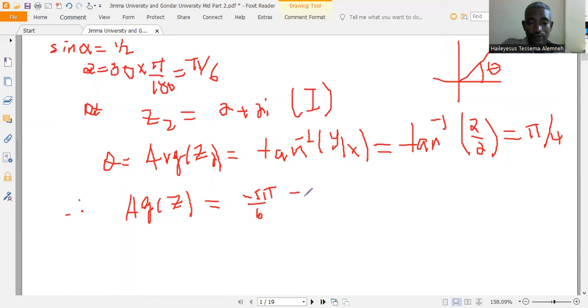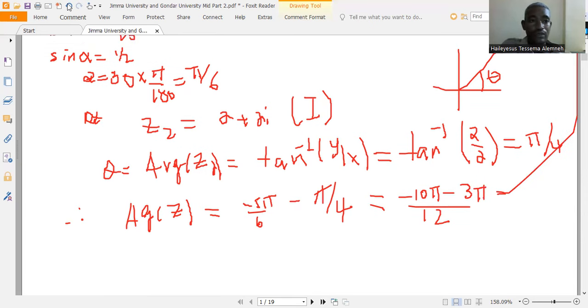Taking 12 as common, 12 divided by 6 is 2, so minus 10 pi minus 3 pi, which totals minus 13 pi over 12.